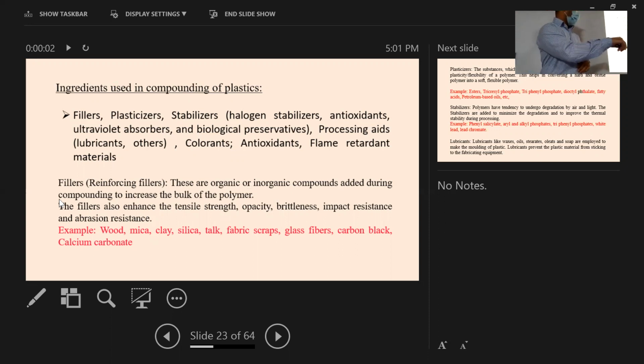Wood, mica, clay, silica, talc, fabric scraps, glass fibers, carbon black, calcium carbonate. Any of them we can use as fillers so that we can increase the size of the polymer material, or to increase the bulk. Therefore we can add these types of material to the polymeric compound.